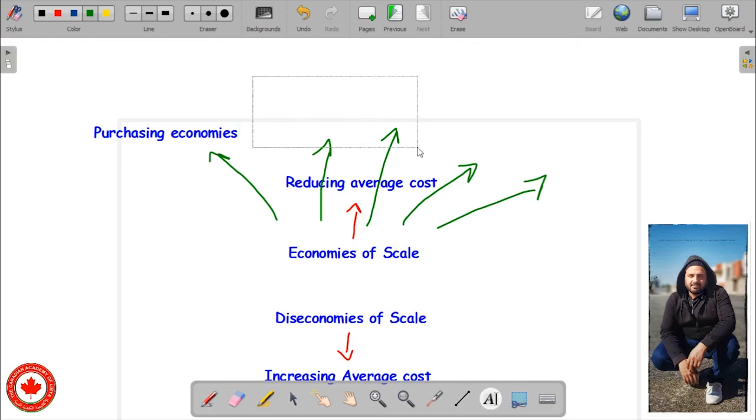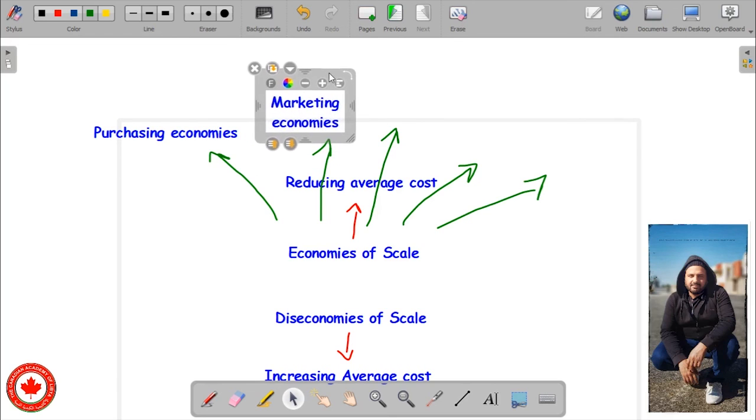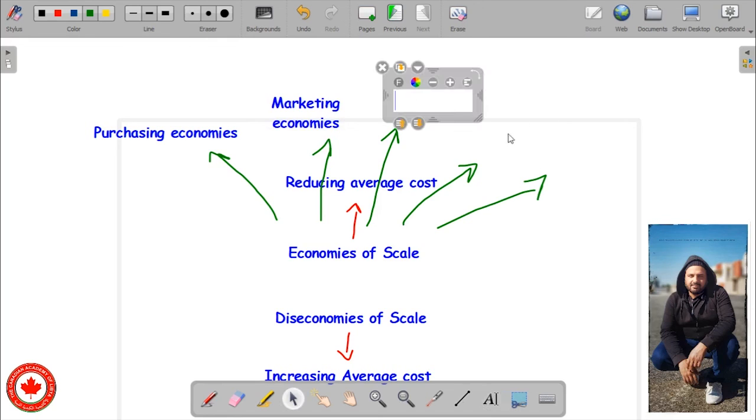Number 2, marketing economies. Number 3, financial economies.